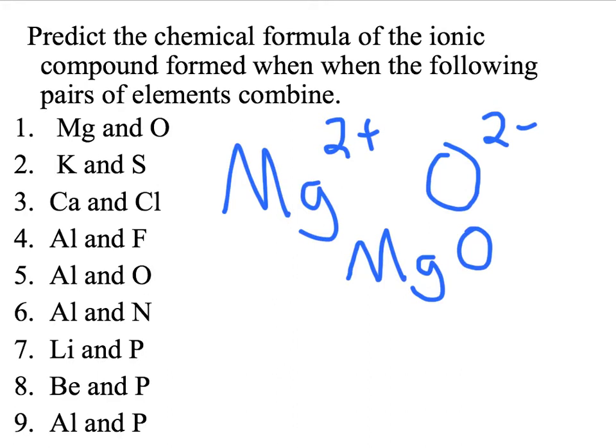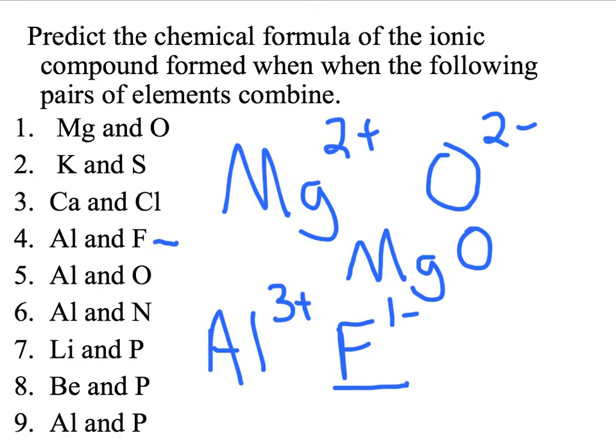If I have something like Al and F, then aluminum as an ion has a charge of +3, fluoride as an ion has a charge of -1. So in order to be neutral, I need 3 of these fluoride ions to balance the +3 from my aluminum.